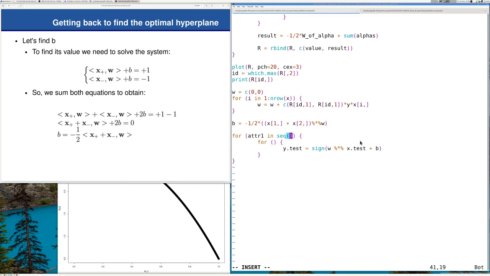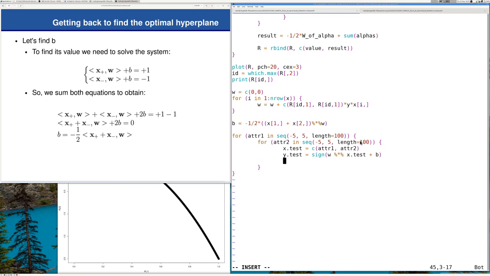I could go from -5 to +5 and divide this interval into 100 possible values, and the same for attribute 2. Attribute 1 and attribute 2 together will provide my x test, and then I apply it. Of course, you'll have a result for that.